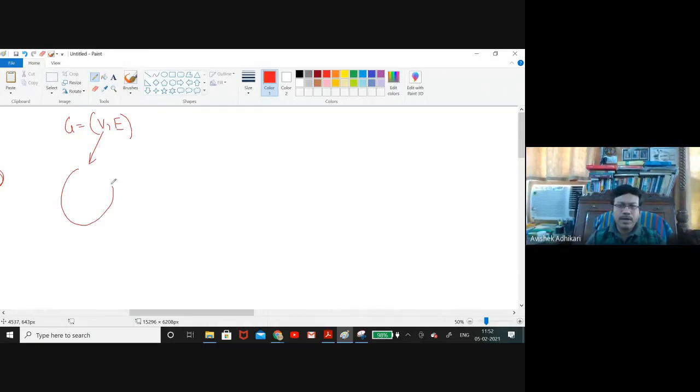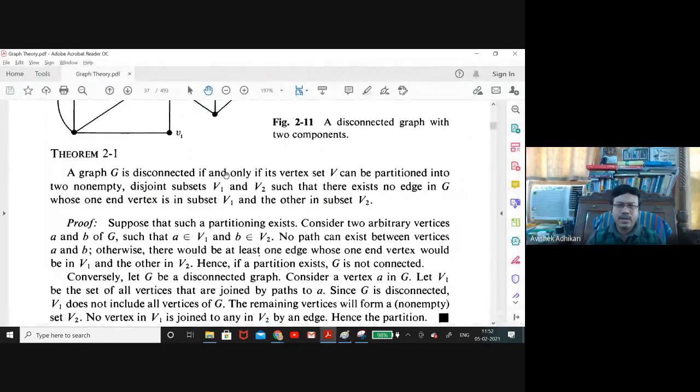So you can partition V into two disjoint subsets V1 and V2 such that there exists no edge in G whose one end vertex is in the subset V1 and the other is in V2.